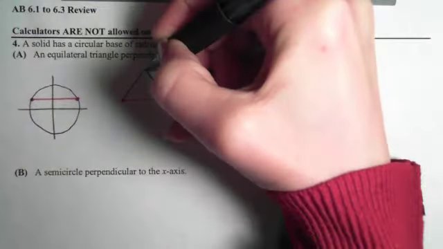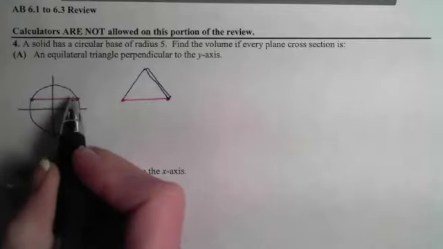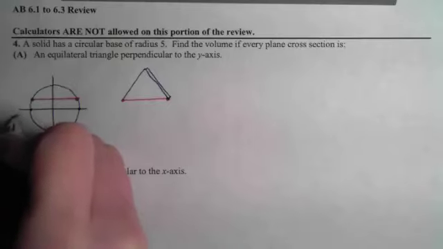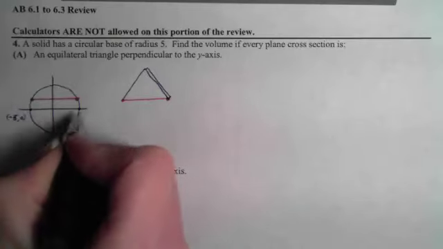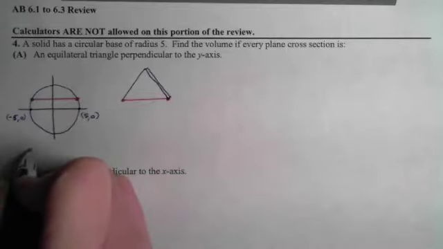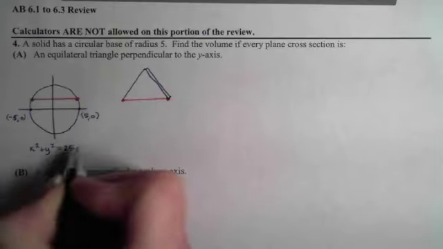So, just like we've practiced, we're going to label the strip and the boundaries and the intersections. Radius is 5. So the equation for the circle is x squared plus y squared equals 25.